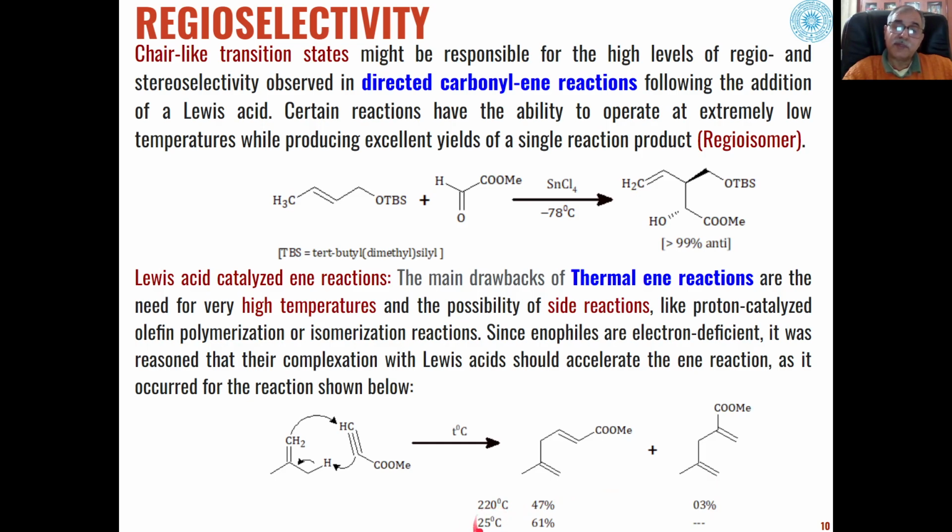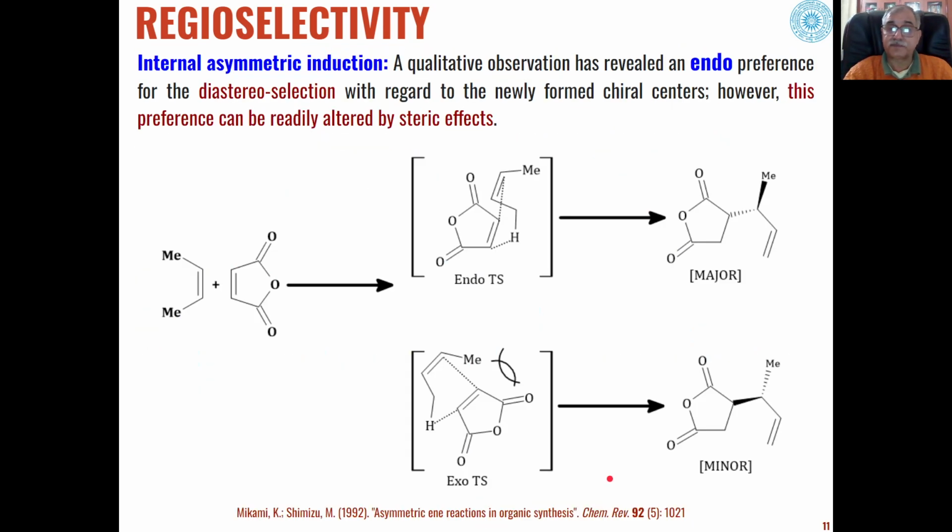Whereas if the same reaction is done at 25 degrees centigrade, then only this isomer is formed. So this also tells us about the regioselectivity of the ene reaction.